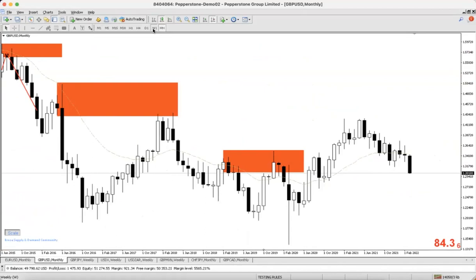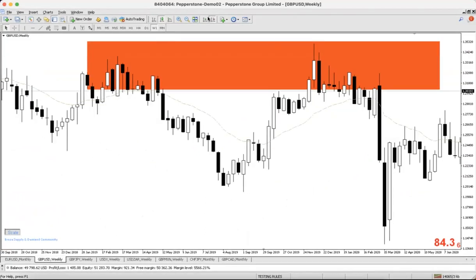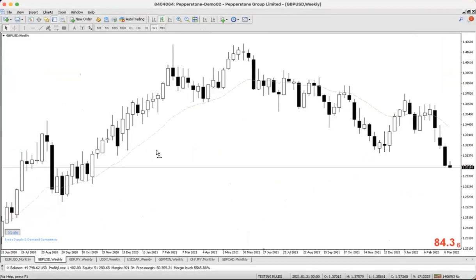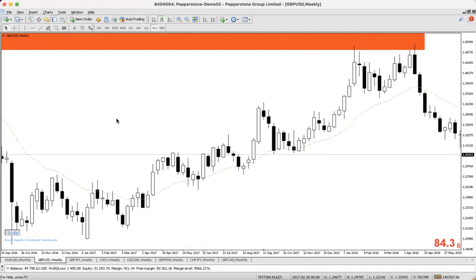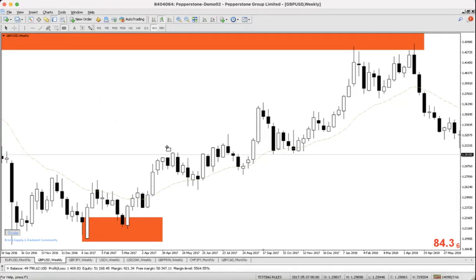I'm going to switch to weekly so that we can have more area to look at. Look at this, one is a valley. You draw your zone. Again, another V here. You draw your zone.